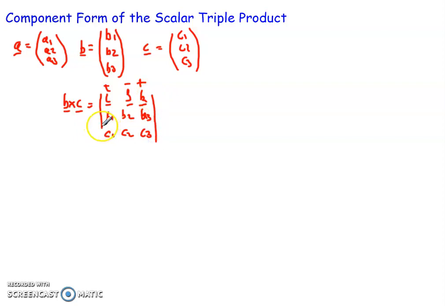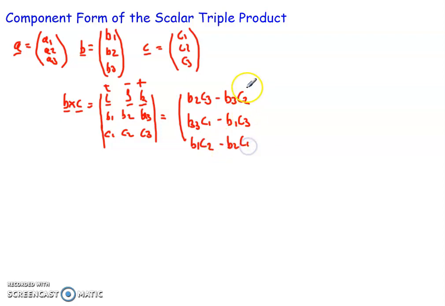If I was to do that just as I normally would, work everything through, what I'd end up getting is a vector given by B2 C3 minus B3 C2, then B3 C1 minus B1 C3, and then my final component given by B1 C2 minus B2 C1.